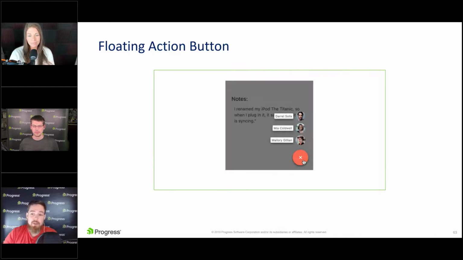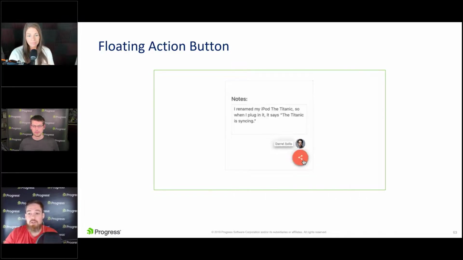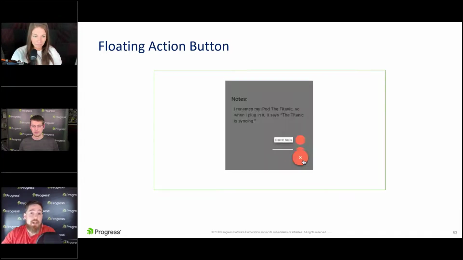And in this particular sample that I'm showing here in this GIF, we're actually using the speed dial functionality that allows you to have a list item pop up on top of the floating action button with additional action items. So in this particular case, it might be, hey, I'm going to share this with my 3 closest friends.